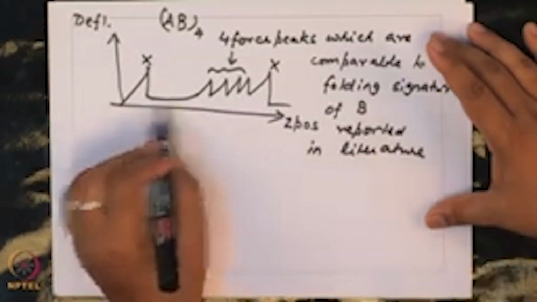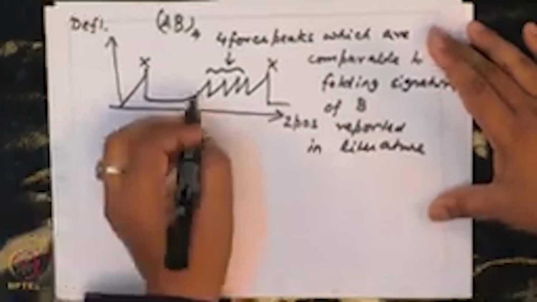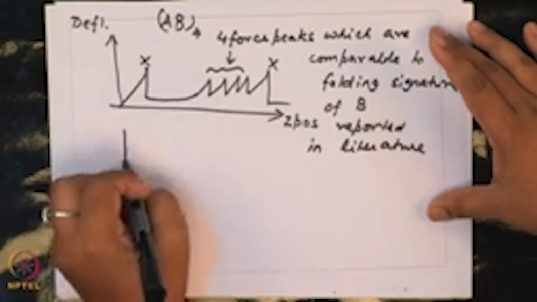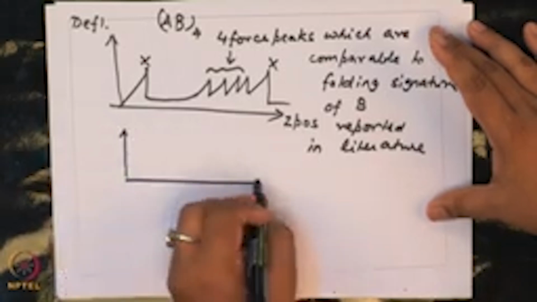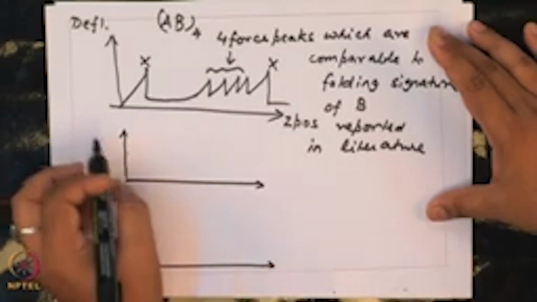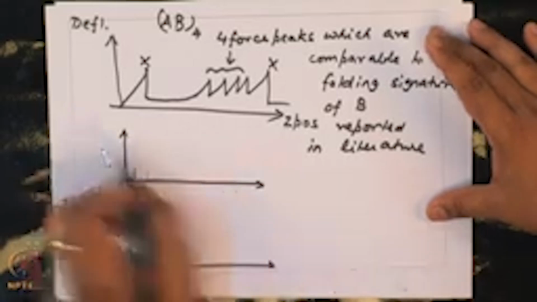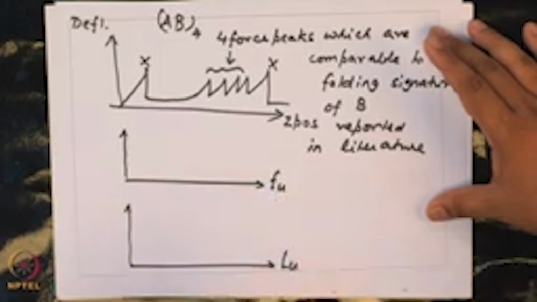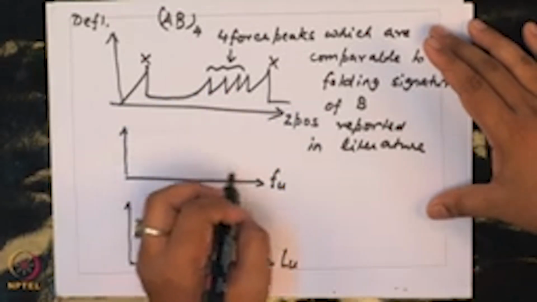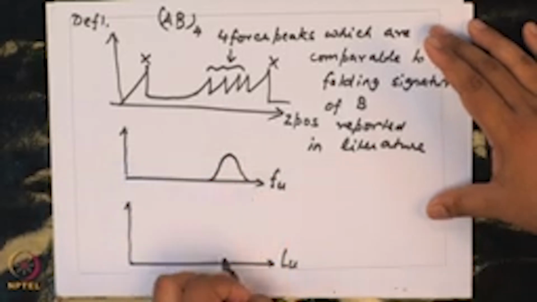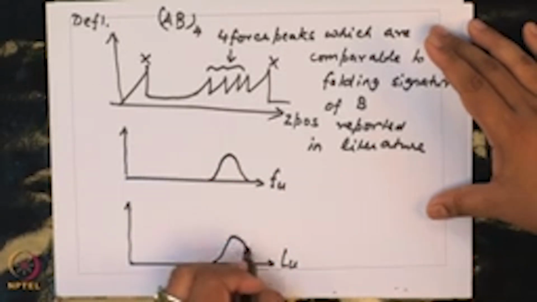And you have this long gap. For each of these forces, what I can plot is the histogram corresponding to the unfolding force F_u and L_u. For these peaks, let us say I get a certain force peak and a certain length peak.